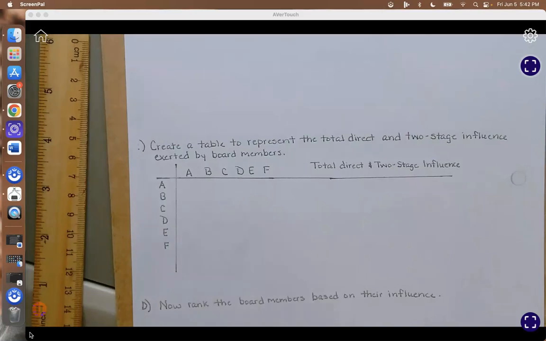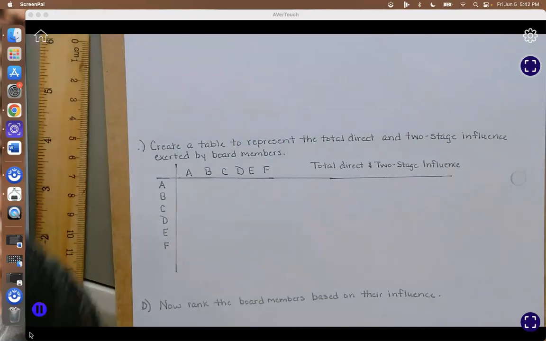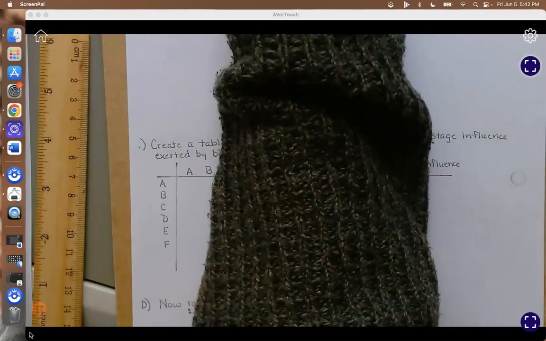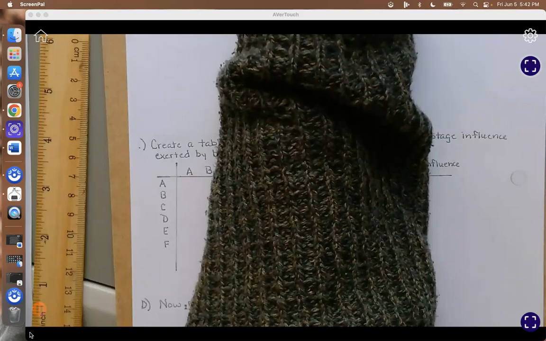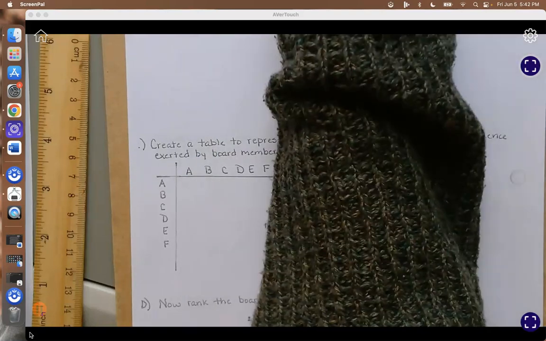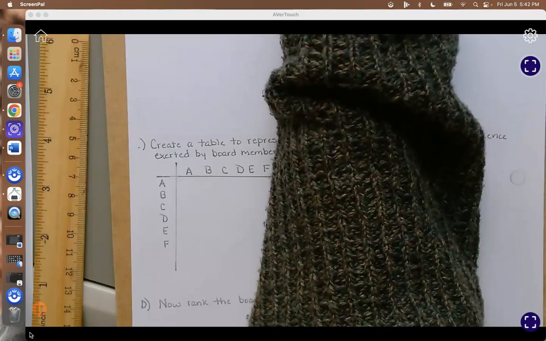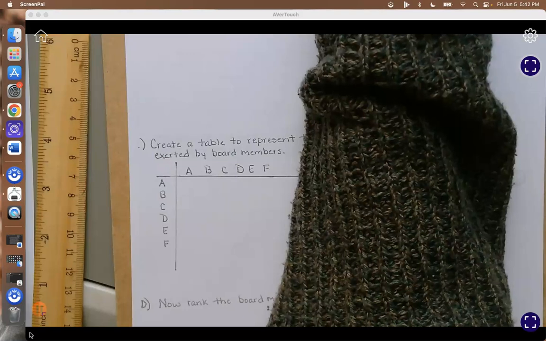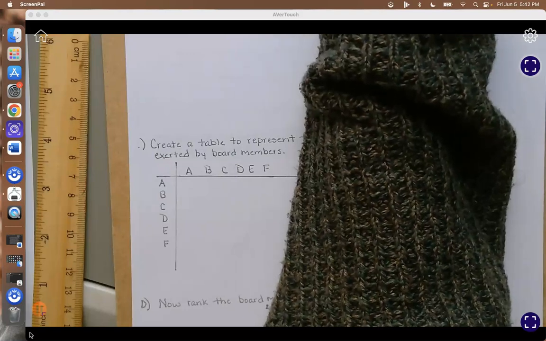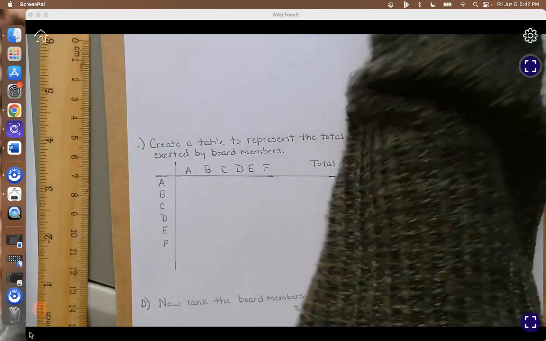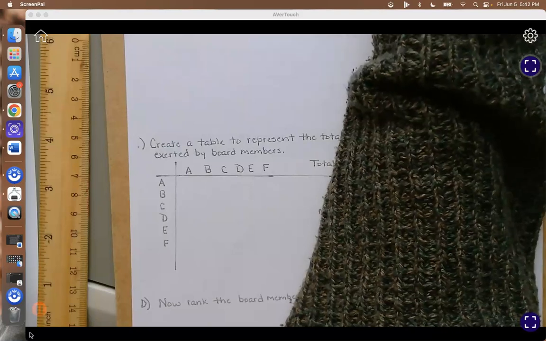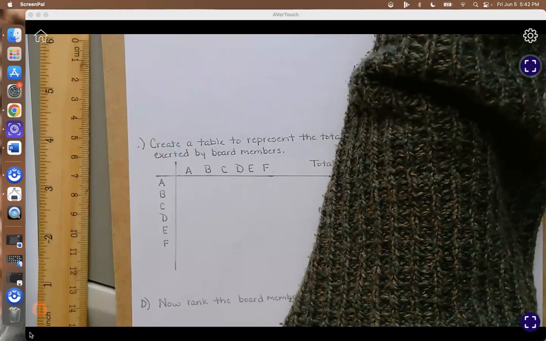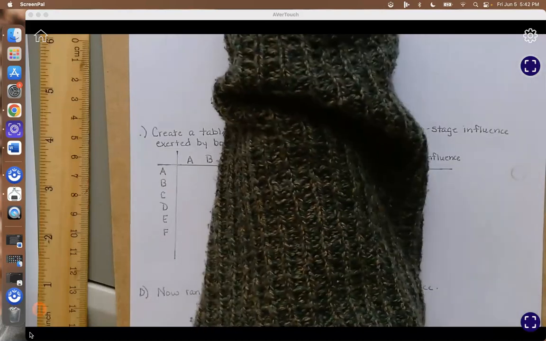Now, flipping over, a two-stage influence is a directed path of length 2 between two members.